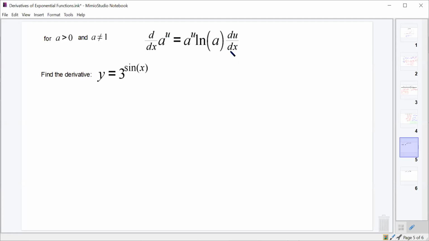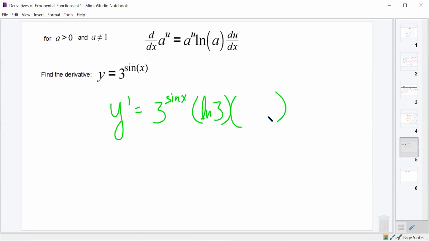So if we want the derivative of 3 to the sine x, the answer should be what? The original function, 3 to the sine x, times natural log of 3 times the derivative of sine x, which is cosine x.